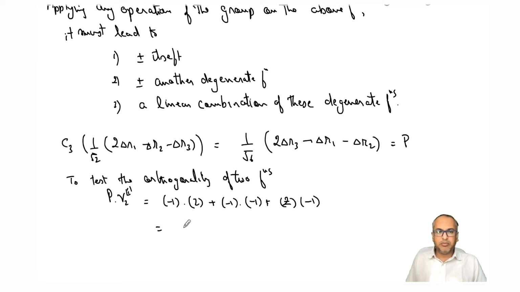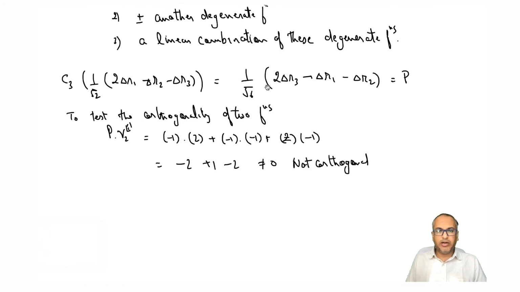So this becomes minus 2 plus 1 minus 2. So this is not equal to 0, so it is not orthogonal. I'm just giving you another way of finding these orthogonal functions in the case of a degenerate IR representation.